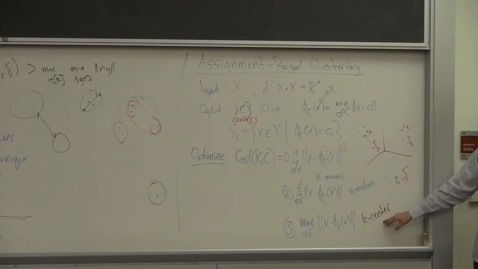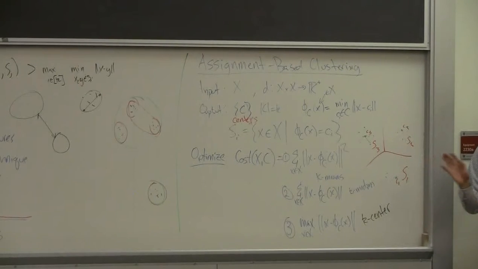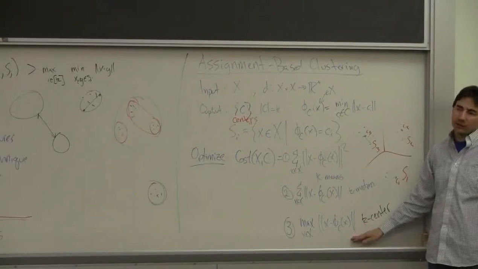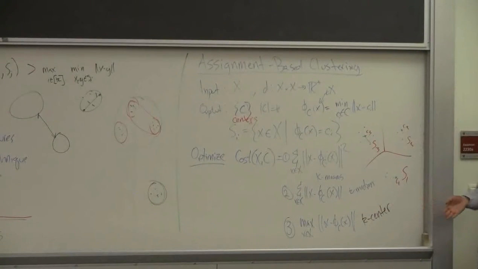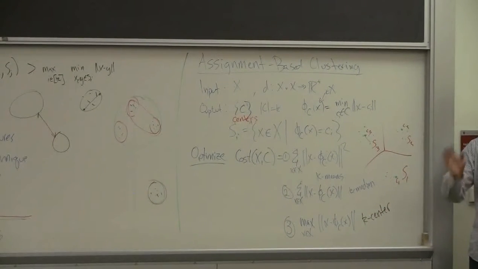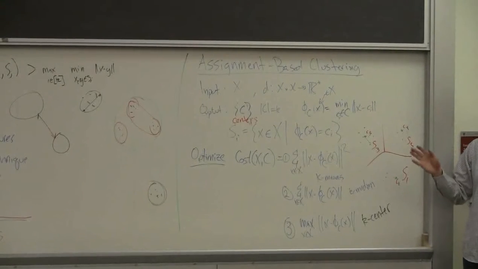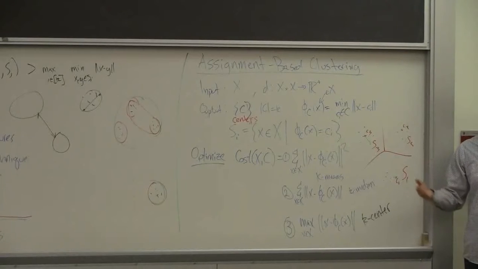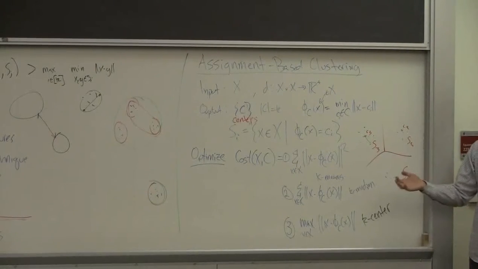Okay, so k-center clustering is known to be NP-hard to actually solve exactly. So we're not going to completely optimize. In fact, it's known to be NP-hard to get better than a 2 approximation. If you don't know what NP-hard means, it essentially means that under a lot of hypotheses of what we know about computing, it probably takes exponential time.